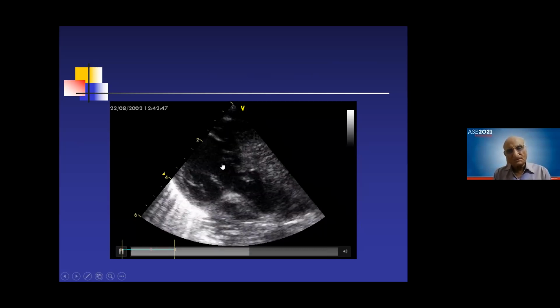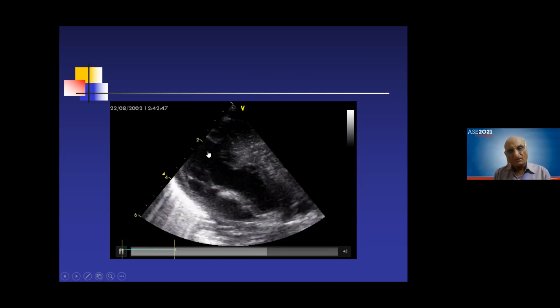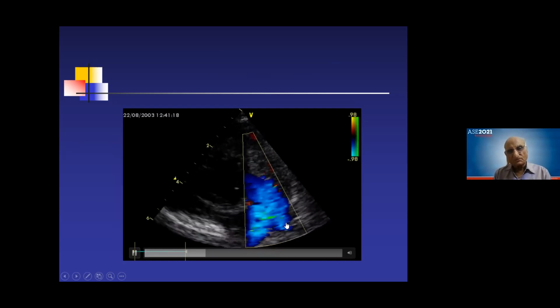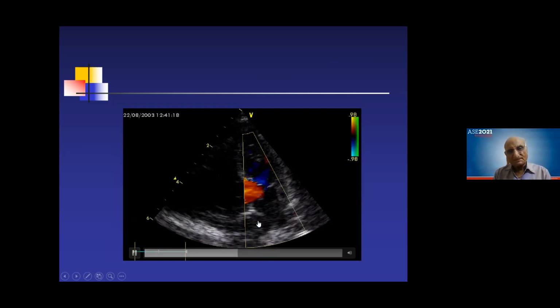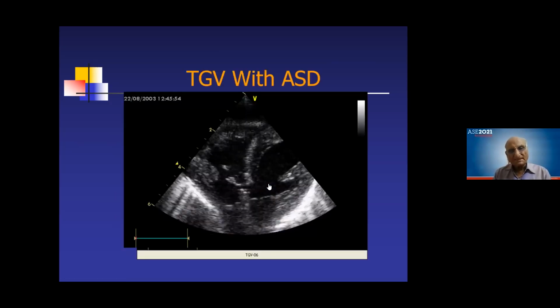We only see that one great artery is arising from the left ventricle, and when you put the color on, you see it bifurcates into two. This shows that the artery coming from the left ventricle is the pulmonary artery, because it bifurcates. You have to see a branching also. And the same patient had an ASD also. You can see the ASD present.